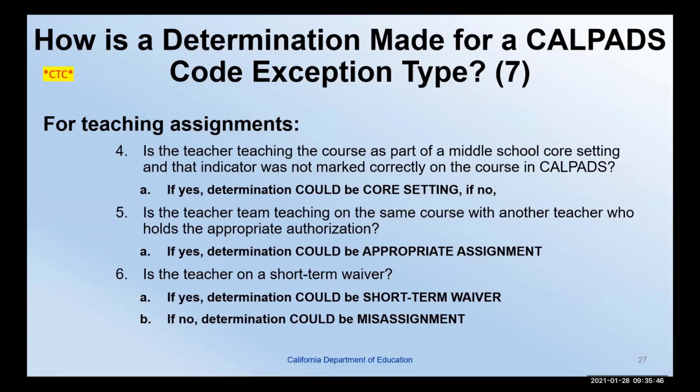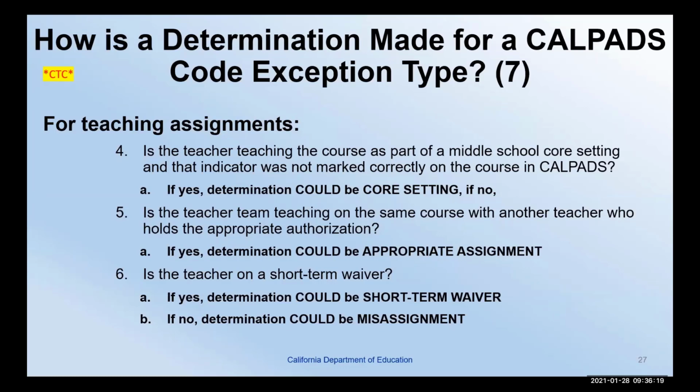CalSAAS currently does not differentiate between those two things and take that into consideration in terms of determining whether the assignment is appropriate. We are talking about potential enhancements in CalSAAS for the future. But right now, you may get exceptions that generate based on the fact that you've got two teachers. One of them has the appropriate credential, the other one doesn't. And because CalSAAS doesn't look at both of those teachers together, it's generating these exceptions.